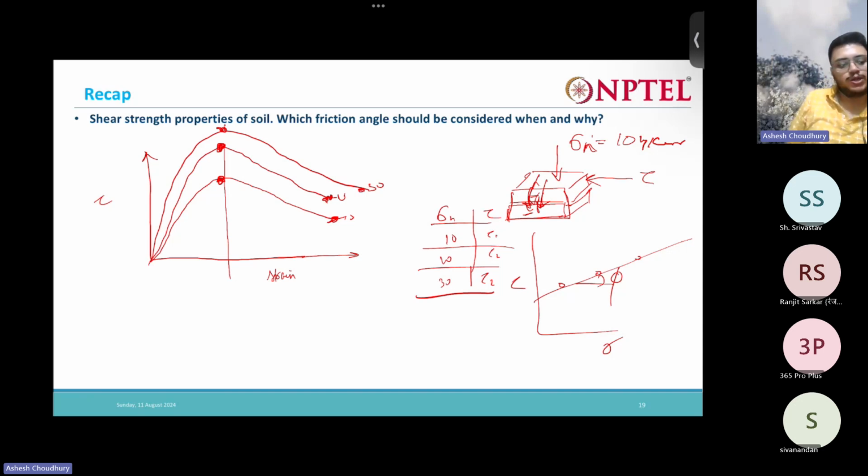That's why we consider that our operational region will be the low strain region. Low strain region means whatever friction angle is mobilized is the peak friction angle. That's why we take the peak values. That is the reason.